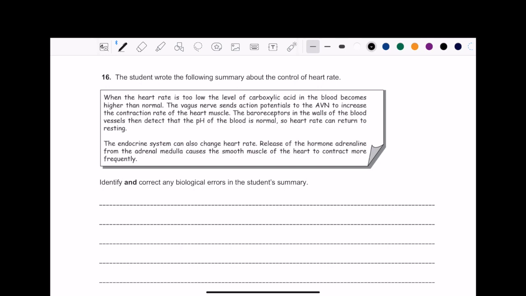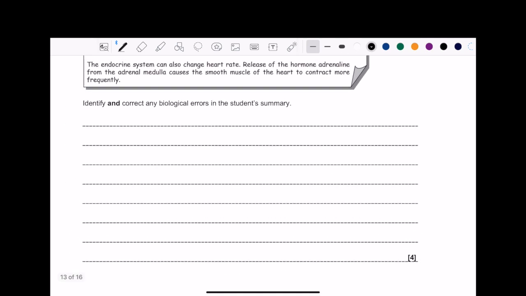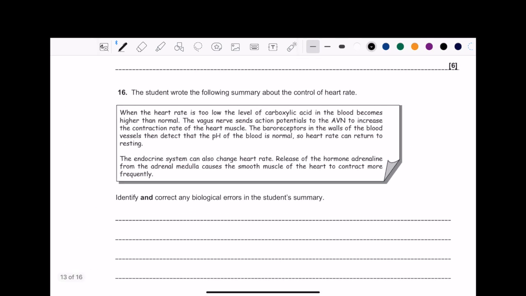Also, a top tip here: they do words that are similar. Carbon dioxide isn't as similar as carbonic acid to carboxylic acid, okay? But regardless, you should have already known this from revision.